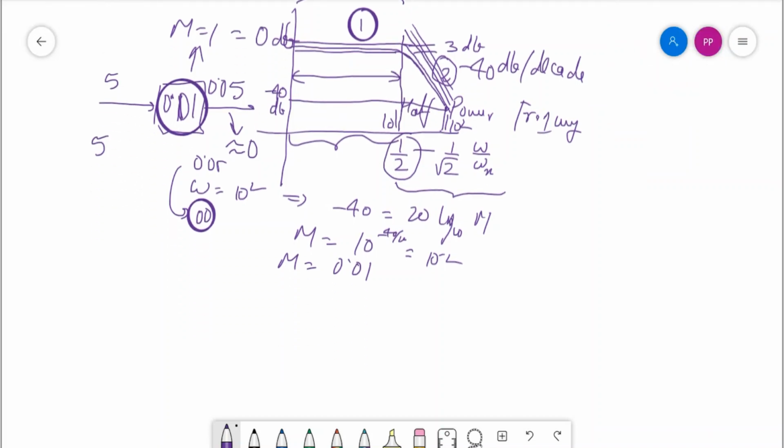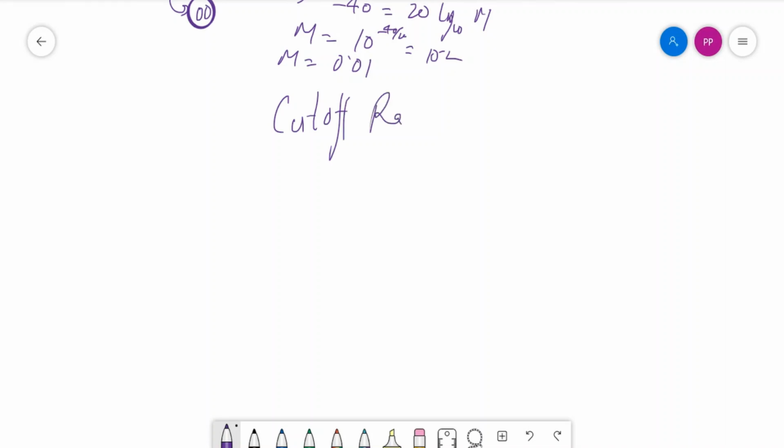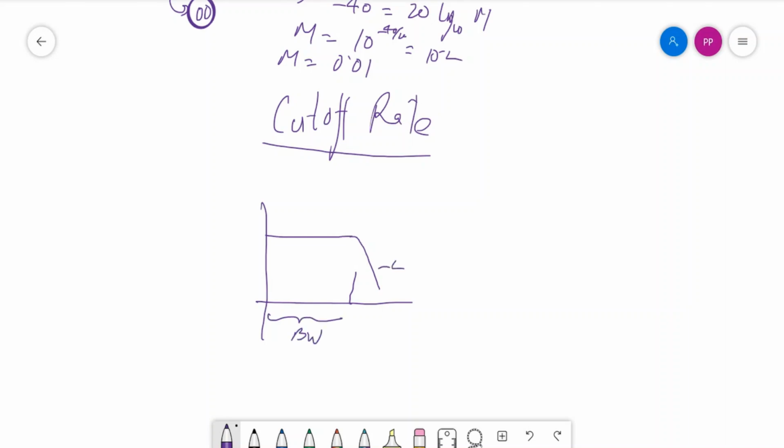Now going a little further, when I was asking about the cutoff rate, I'm again speaking about the second order system with the fall of the slope after a frequency. This is the bandwidth of the system, and this is minus 40 decibels per decade.